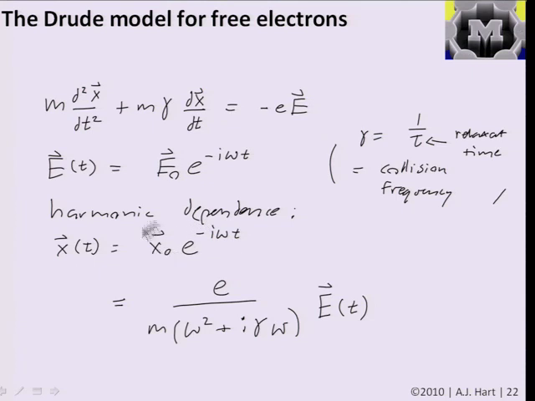And this term is going to be a complex number, so it'll have a phase and an amplitude in response to your driving field. And you've seen this kind of equation before, I'm sure, and the solution takes this form, where you have the electric charge, the mass of the electron, and then on the bottom you have the frequency and the damping.